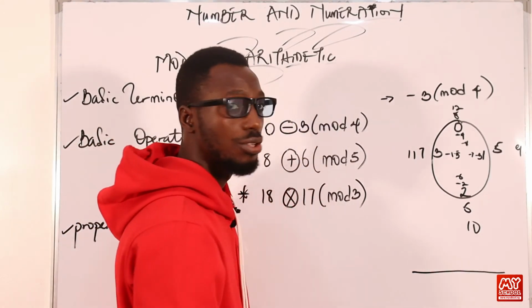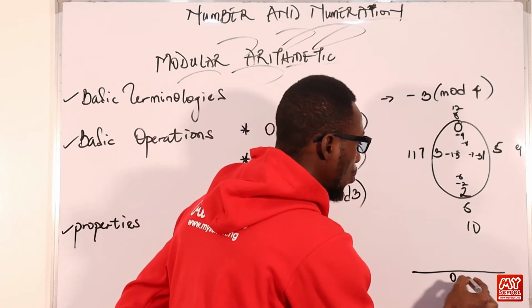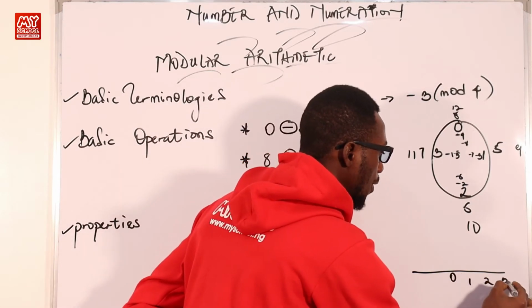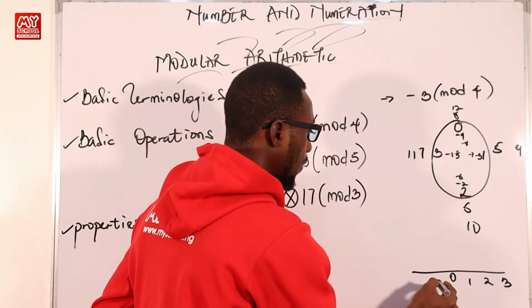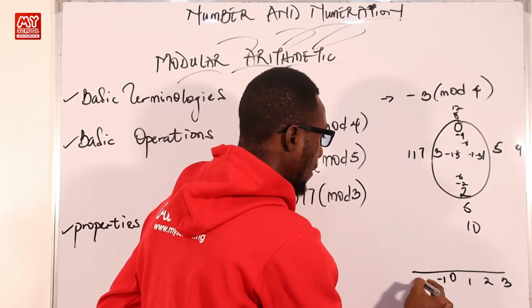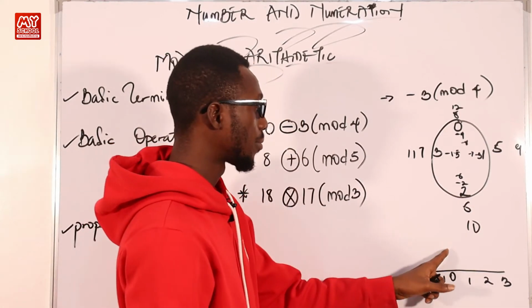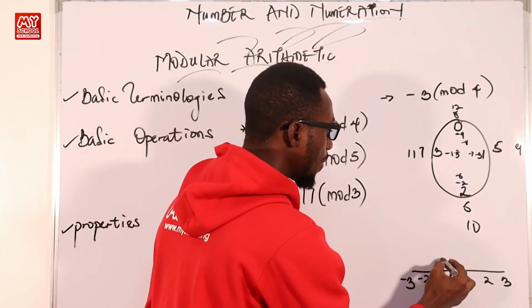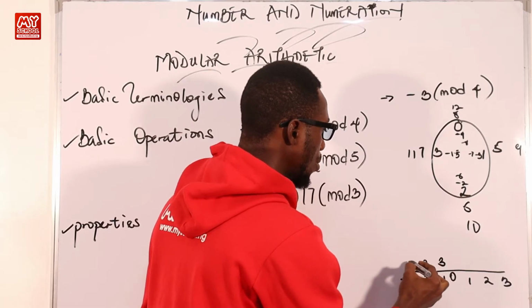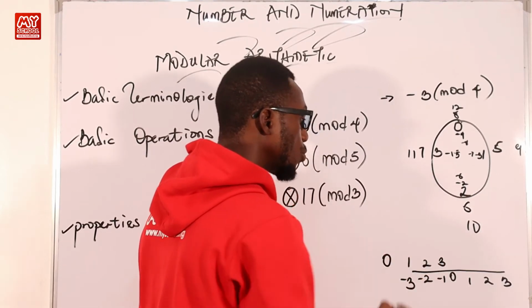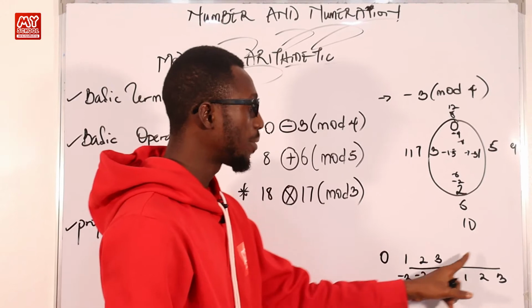So we have 0, 1, 2, 3, then minus 1, minus 2, minus 3. Starting from 0, I have 3, 2, 1. The next value in modulo 4 will be 0, and the same thing happens here.